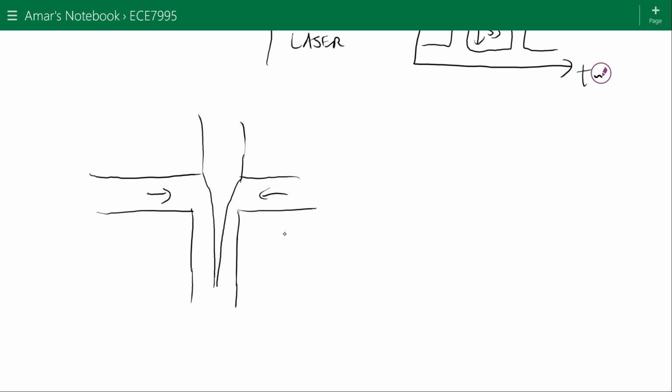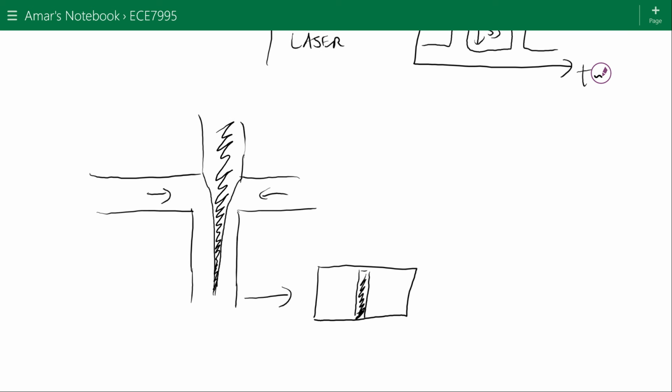However, if we were to look at the cross-section of the channel, we would find that the middle stream looks like this, if this is the middle stream. What we would like is to have something where it's squeezed in the Z direction as well. So it might be more like something like this.